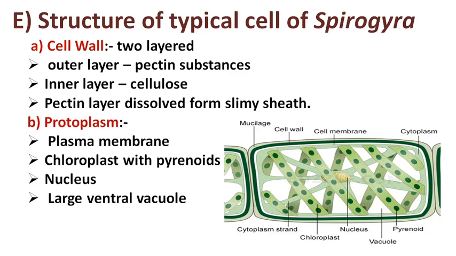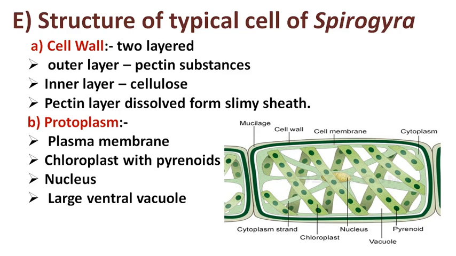Pyrenoids are highly dense and refractive proteinaceous bodies, and the number of pyrenoids varies from a single pyrenoid to 16 pyrenoids. According to the nature of the chloroplast, the ribbon number, and the pyrenoid number, Spirogyra is divided into many species.